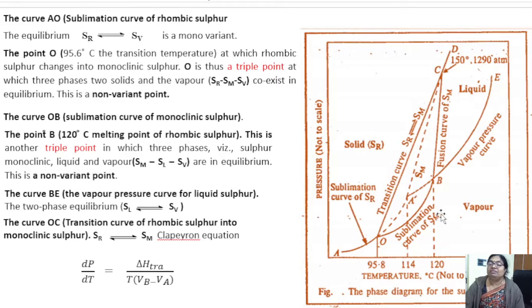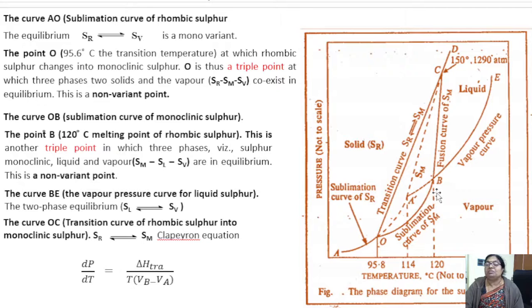Therefore here we are going to get four triple points, three of them from the metastable equilibrium. Below BO and BE, only the vapor state of sulfur will appear.